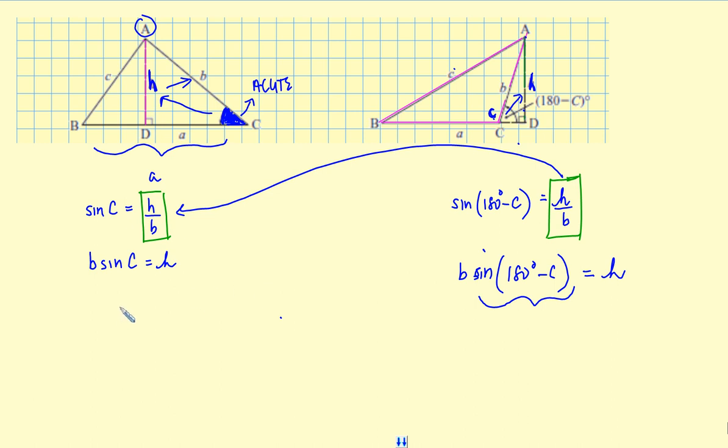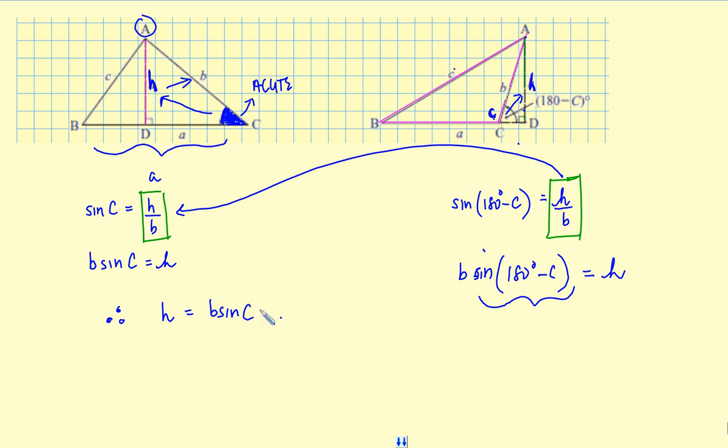So I can just say in conclusion that the height really is the same thing as saying b sine C. So whether I say b sine C or whether I say b sine of 180 minus C, I still have the same thing going here.